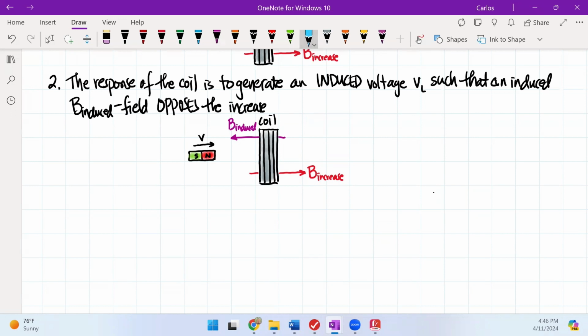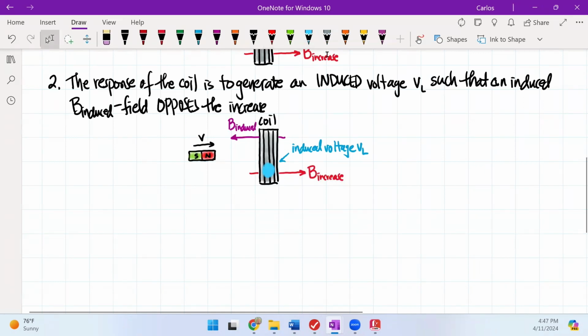As a consequence, there is an EMF, and this EMF we're going to call the induced voltage VL.